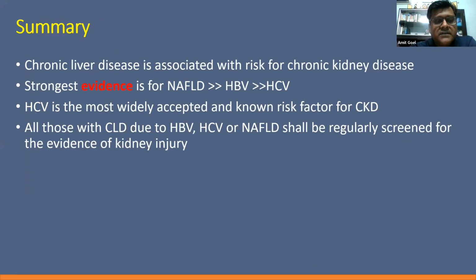So I can summarize that chronic liver disease is associated with risk of chronic kidney disease. The evidence is strongest for fatty liver disease because it is a recent disease and people are more and more studying the association of liver and kidney disease. Probably that's why we have stronger evidence, followed by HBV and HCV. But HCV is the most widely accepted and known risk factor for chronic kidney disease among all three.